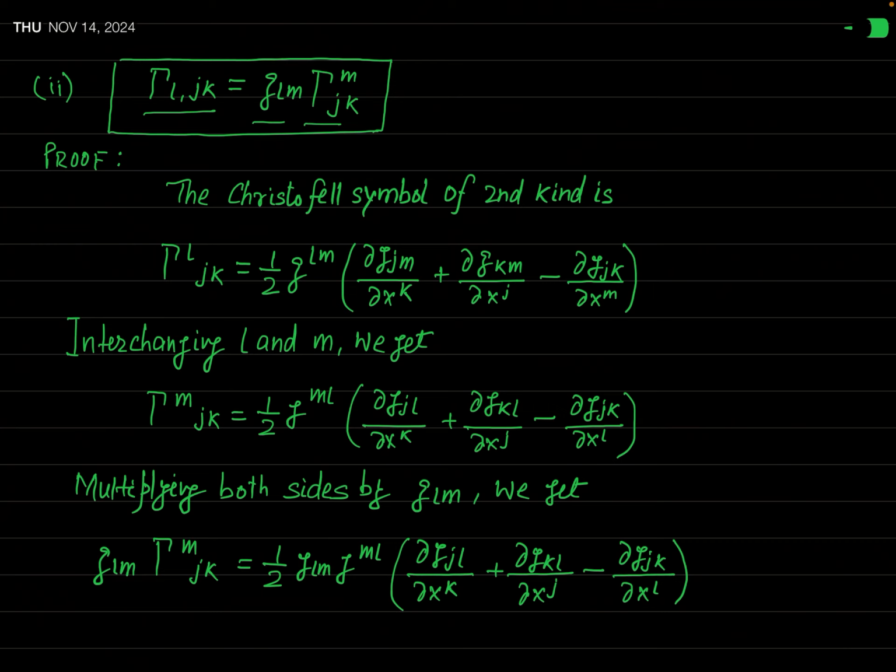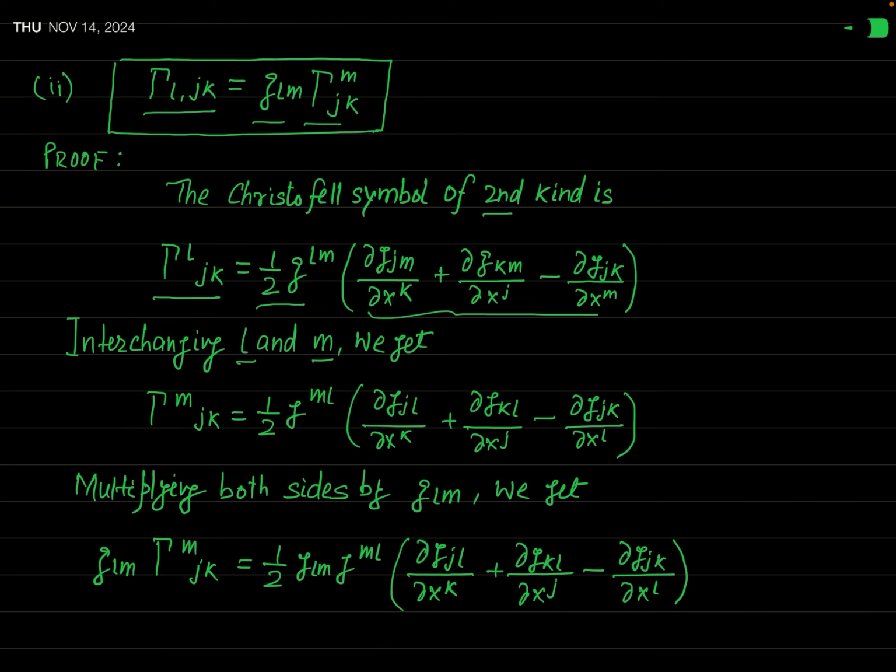For this, we will start with the definition of the Christoffel symbol of second kind. You have just seen that the Christoffel symbol of second kind is denoted by the symbol Γ^l_jk, and it is defined like this: 1/2 g^lm times this much. Now again we will interchange l and m. It means where there is l we will write m, and where there is m we will write l.